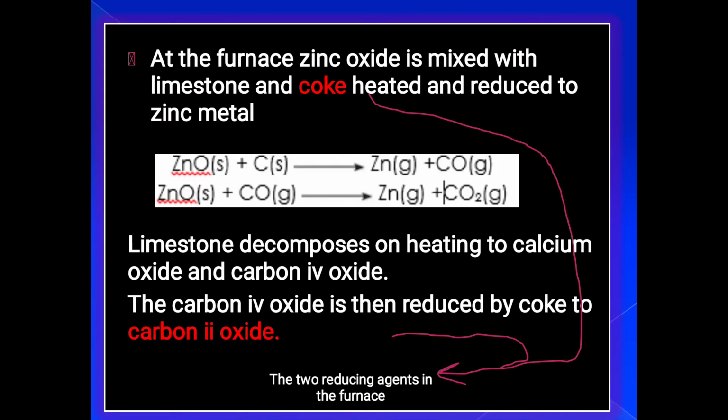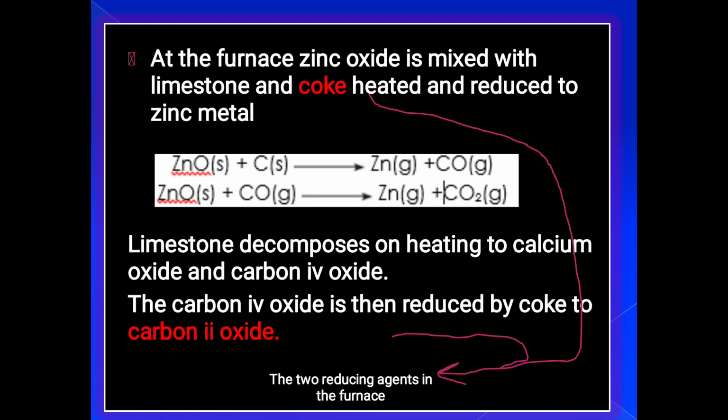At the furnace, zinc oxide is mixed with limestone, calcium carbonate, and coke, heated and reduced to zinc metal. Once we heat them, the zinc oxide is reduced by carbon to zinc and carbon II oxide.